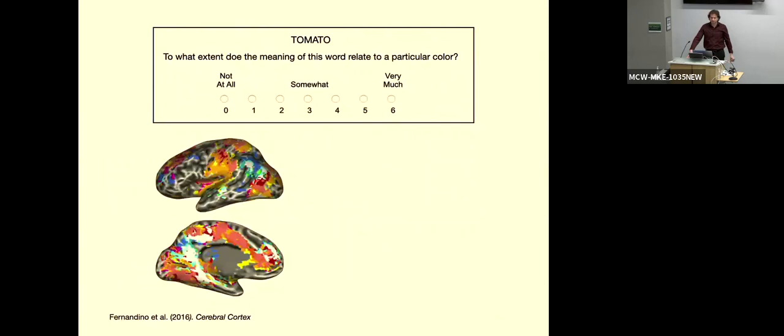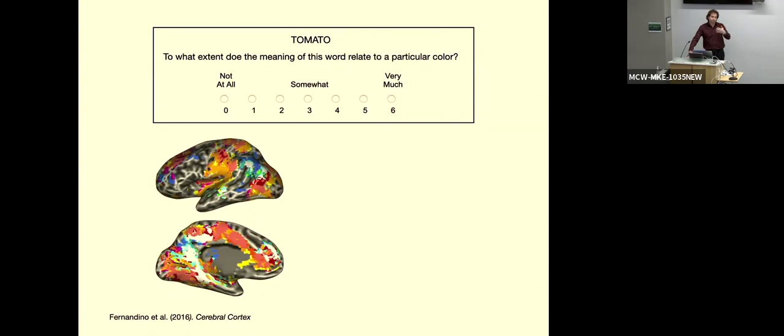Back in 2016, we here did a study to try to understand how word meaning is encoded throughout the cortex. We had a bunch of words rated by participants in terms of how important each sensory motor feature of the meaning of the word is for that particular word. So participants answered the question for the word tomato: to what extent does the meaning of this word relate to a particular color?